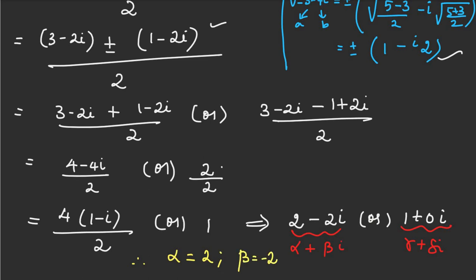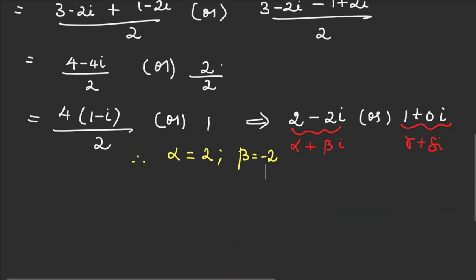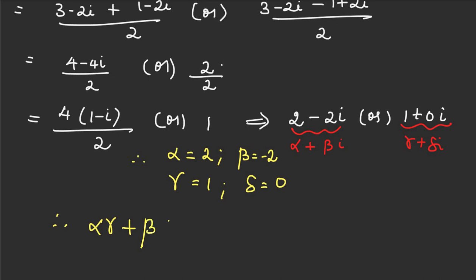And similarly, gamma is equal to 1 and delta is equal to 0. Therefore, our question alpha gamma plus beta delta will be equal to 2 into 1 plus minus 2 into 0, which gives us this is equal to 2.